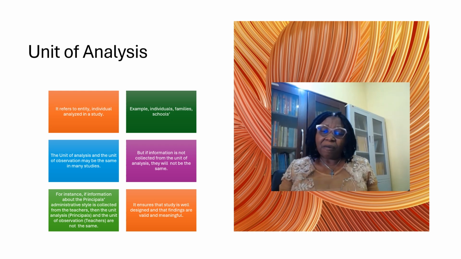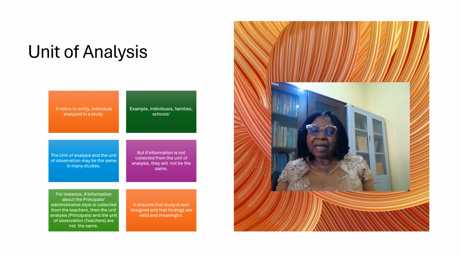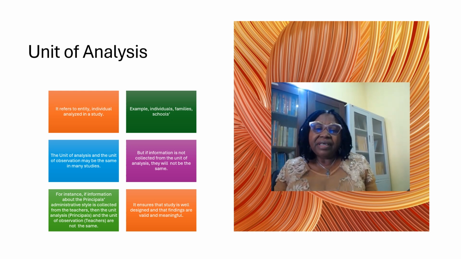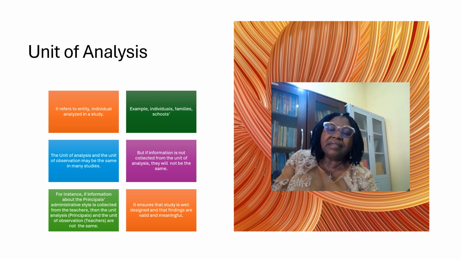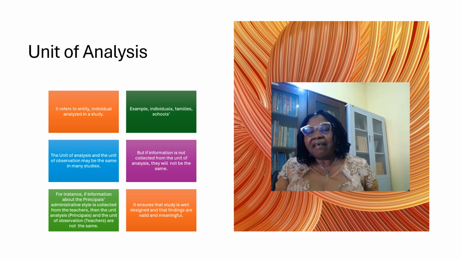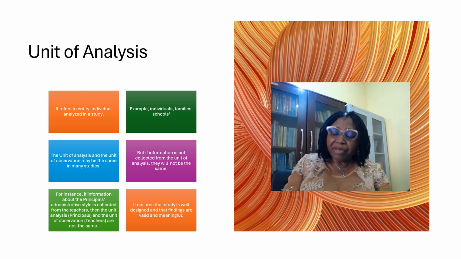For instance, if information about the principal's administrative style is collected from the teachers, then the unit of analysis, which is the principals, and the unit of observation, which is the teachers, are not the same. So this ensures that the study is well designed and that findings are valid and meaningful.